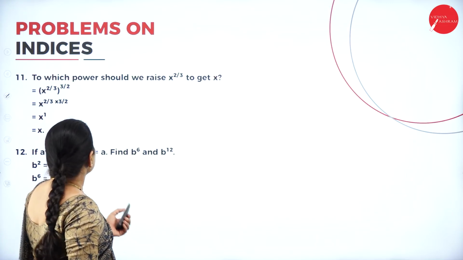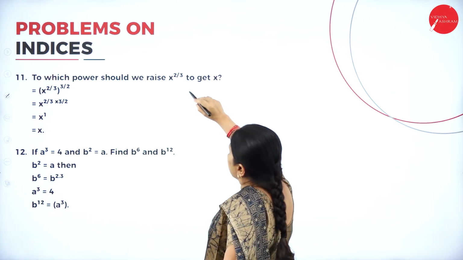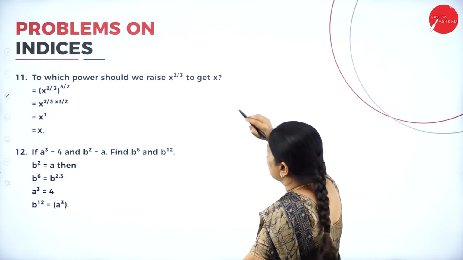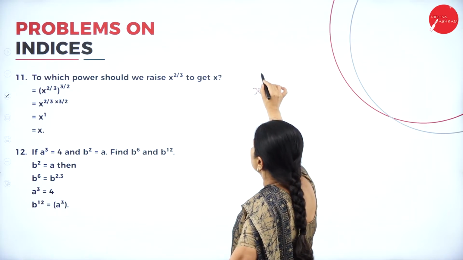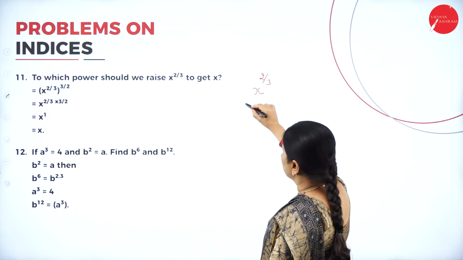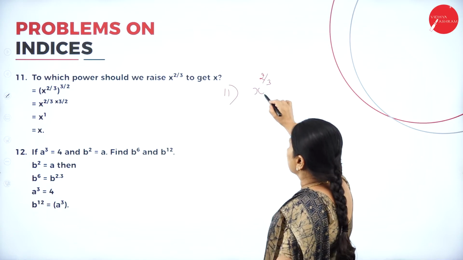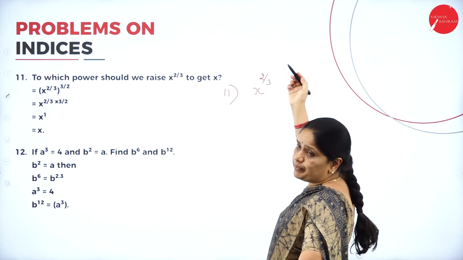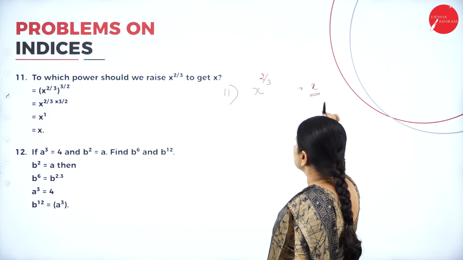Now, the next problem is: to which power should we raise x to the power 2 by 3 to get x. Now, what is the question they have asked? They have given us 2 by 3. So, this is the 11th problem. So, x to the power 2 by 3. To what number should it be raised so that we get x.